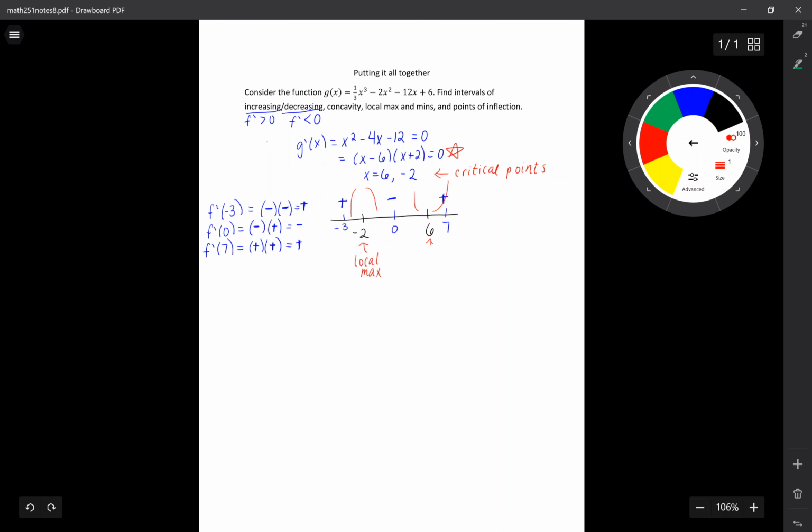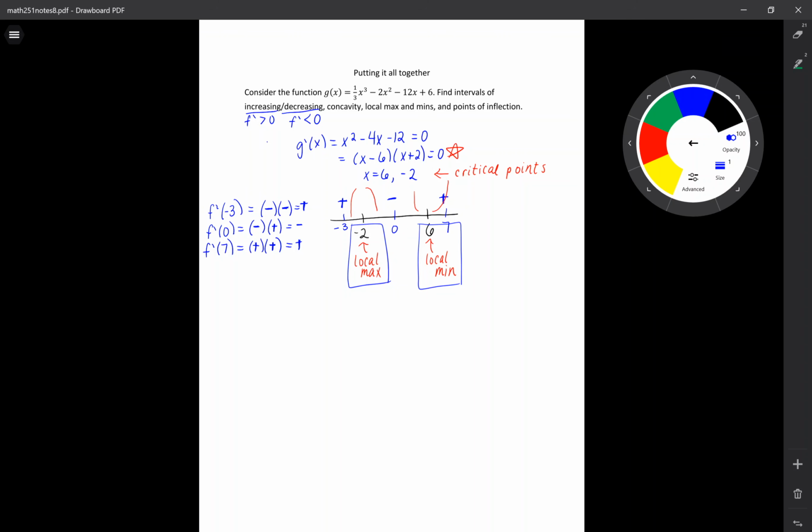And here at 6, this is a local min. Of course, we also could have found this information by using the second derivative test as well. But we just happen to be finding intervals of increasing and decreasing, so this way was easier. All right, so at -2 we have a local max, and at 6 we have a local min.